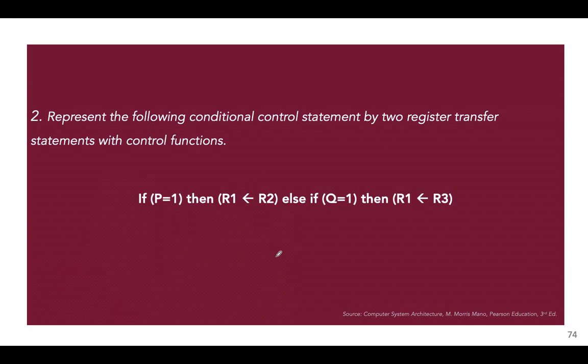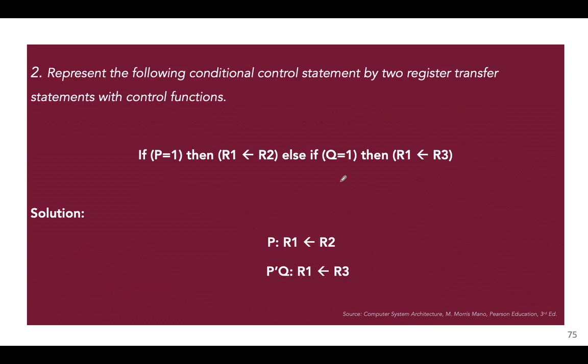And to find the control functions, it's very, very simple. All you have to see is, it says if P is equal to 1, then do something. Else if Q is equal to 1, then do something, right? So P and Q are therefore the control elements. These are the control functions. So we can write it like this.